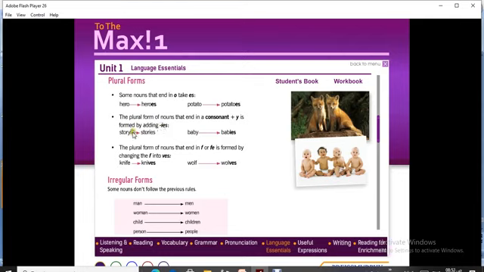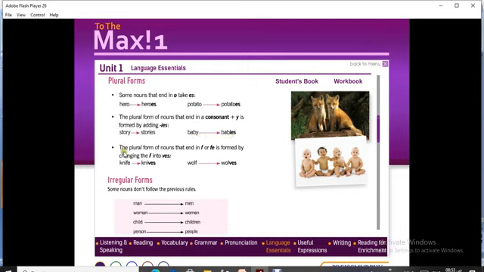Drop the Y and add IES, like story, stories. Baby ends with Y, and before the Y is B, which is a consonant. Drop the Y and add IES.